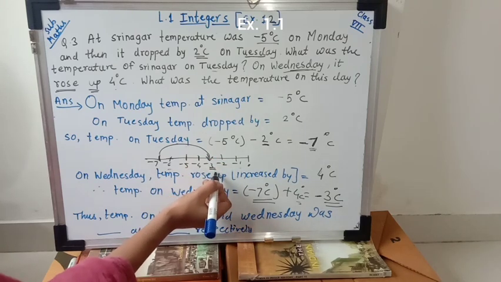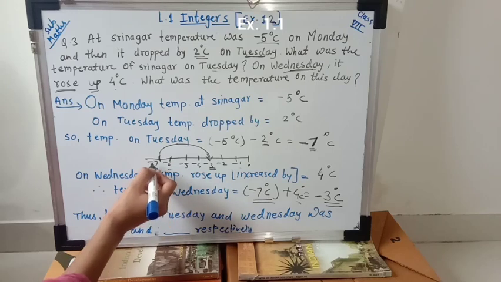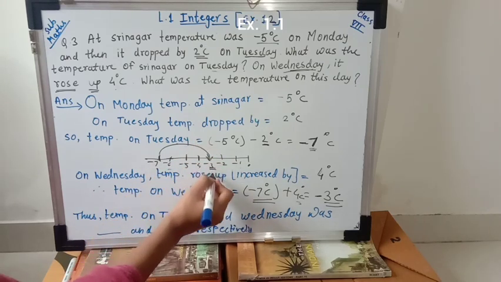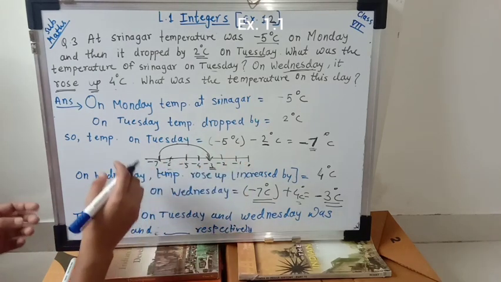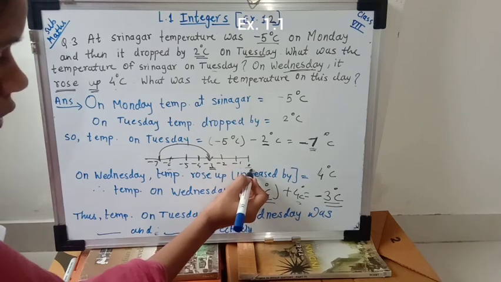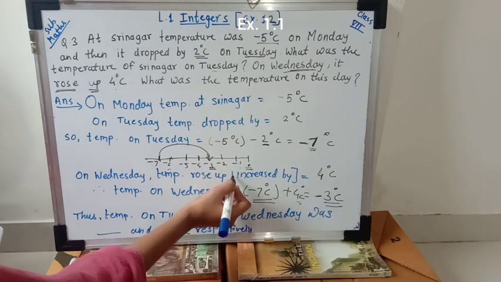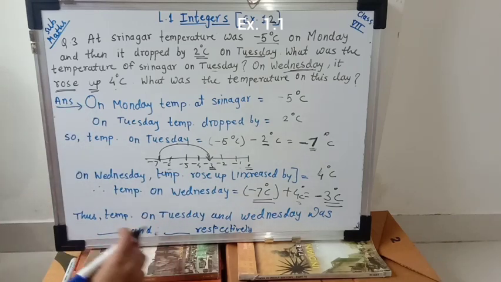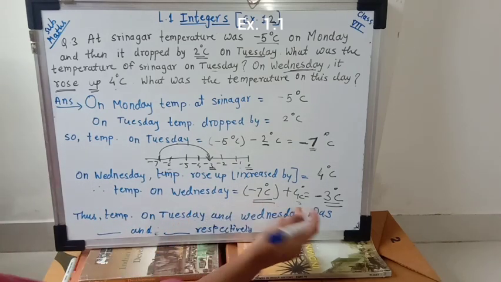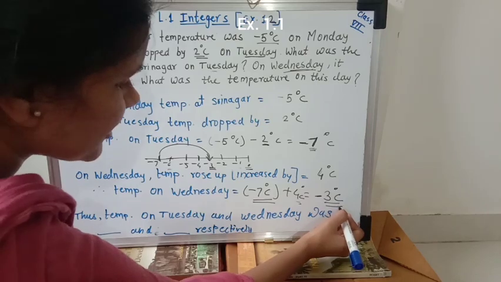If you see, the value of minus 3 is more than minus 7, because minus 7 is on the left side of minus 3. Or you can simply say that those negative integers that are closer to 0 are greater than the other integer. So here the temperature of Wednesday is minus 3 degrees Celsius.